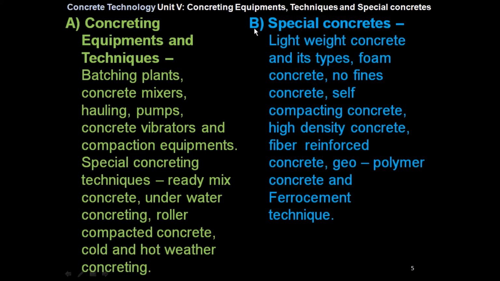It also includes Part B, special concretes: lightweight concrete and its types, foam concrete, no fine concrete, self compacting concrete, high density concrete, fiber reinforced concrete, geopolymer concrete and ferrocement technique.